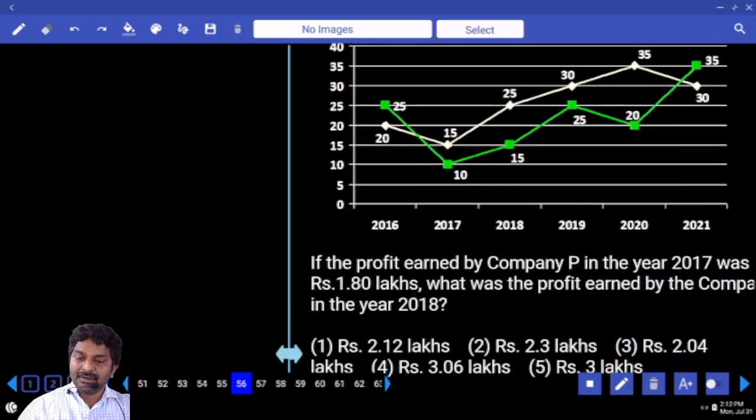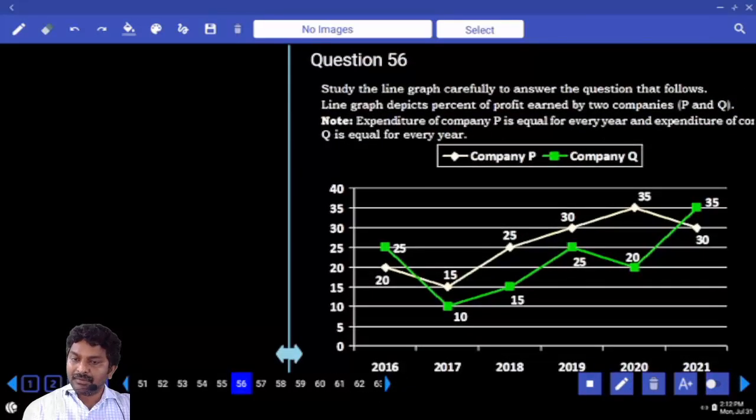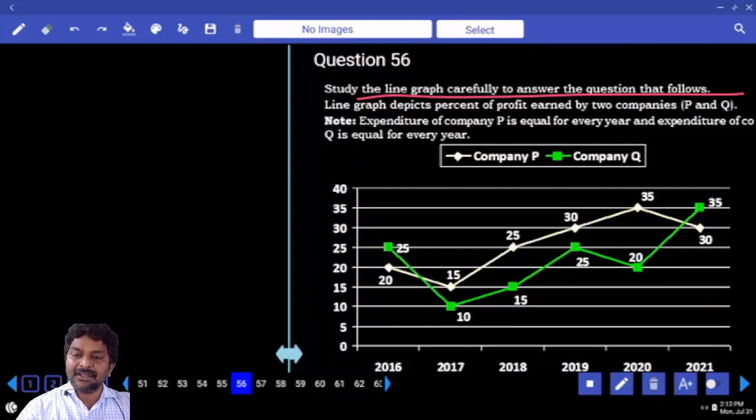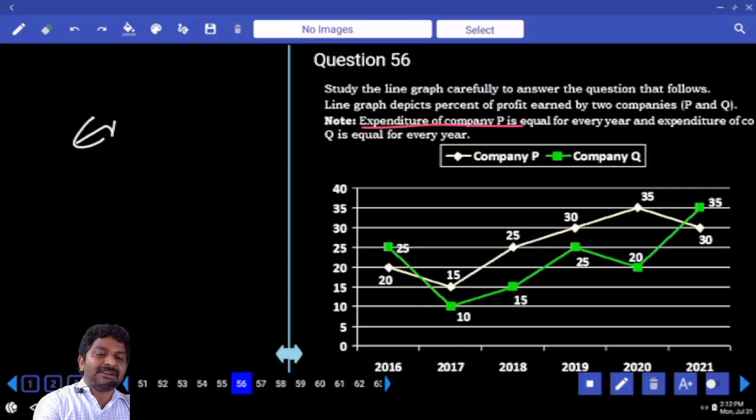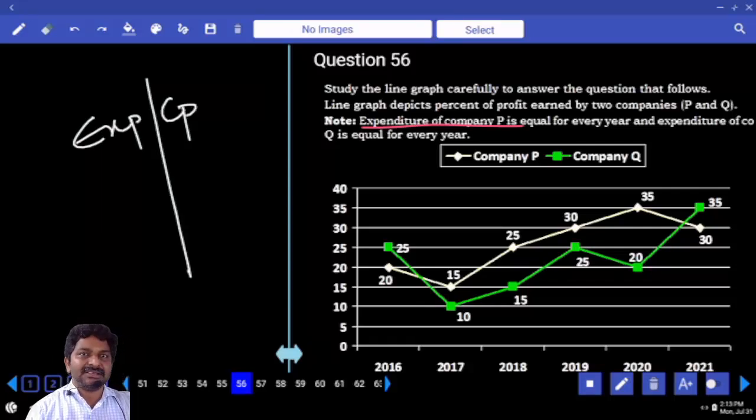Okay. Now, line graph, carefully. The line graph depicts the percentage of profit earned by two companies P and Q. Expenditure of, what do you mean by expenditure? Cost price. Income minus savings. In this form, when they are talking about profit percentage, it is a question based on profit and loss.